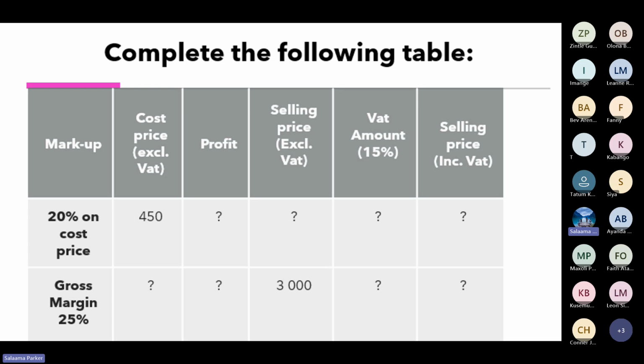Are you ready with your answers? You can start posting them on the group, on the chat. Or do you need some extra time? Please remember the formulas again for cost price and gross margin. Extra, please, okay? Not a problem, Tatum. I'll give you some extra time.